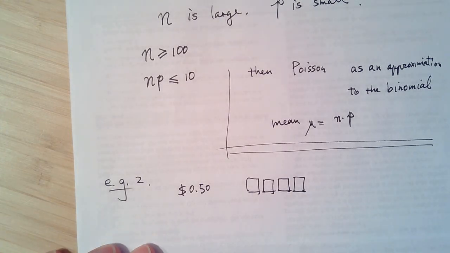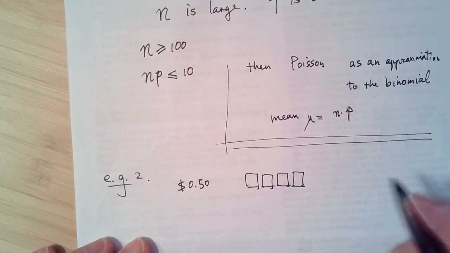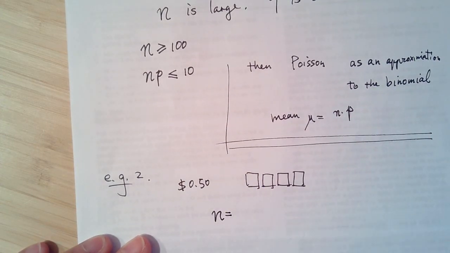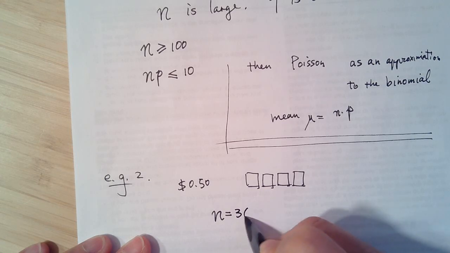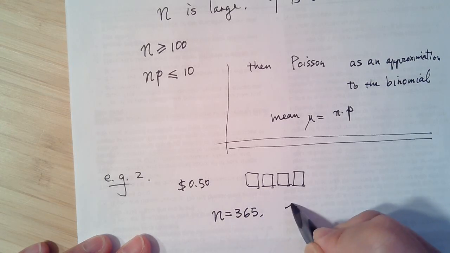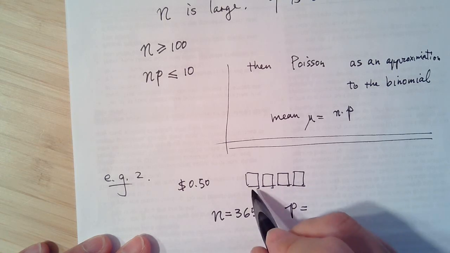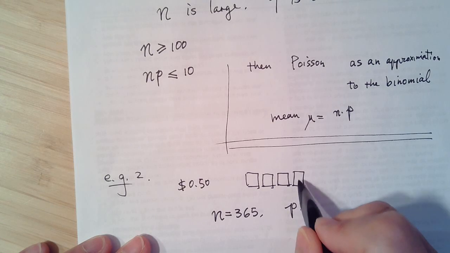What is n? How many times do you do this? 365, right? And what is the chance of winning? You have 10 choices for each digit, 0 to 9, so the chance is 1 over 10,000.